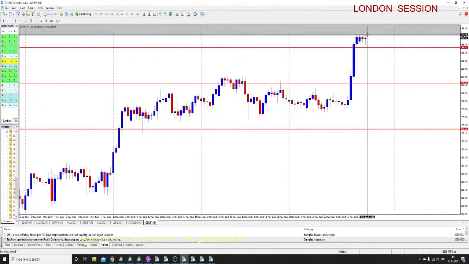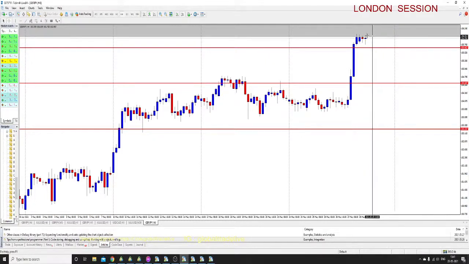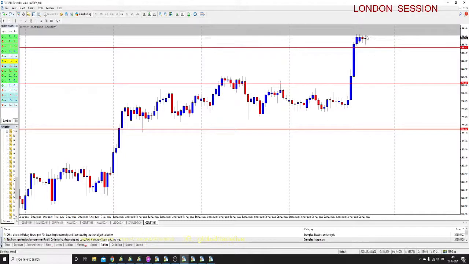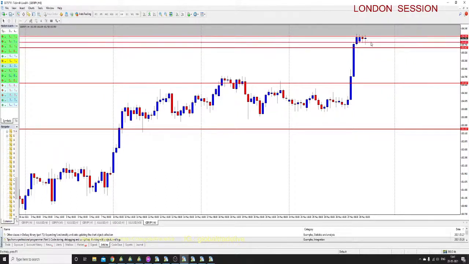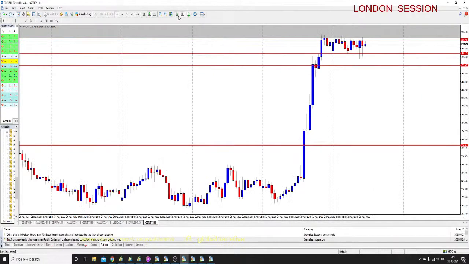So the 4-hour is consolidating right now, and it's just doing nothing. It has created a resistance at this point and a support here, because it has rejected multiple times here. So if we go to the 1-hour time frame, let's see what we have.